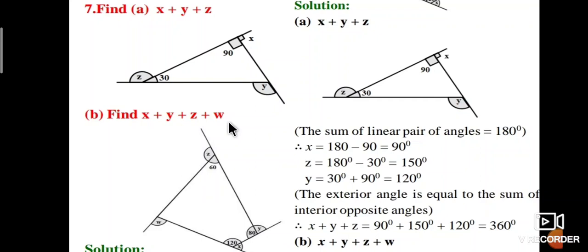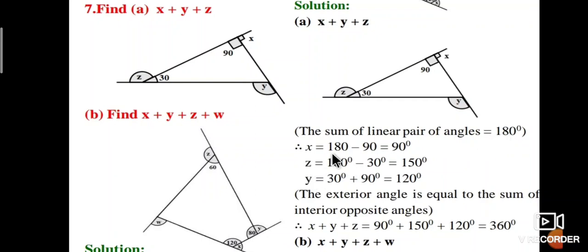Observe here, the solution: x plus y plus z is equal to, the figure has x, y, and this is z. You observe that the sum of the interior angles of a triangle is 180 degrees. Therefore the sum of the linear pair of angles is equal to 180.